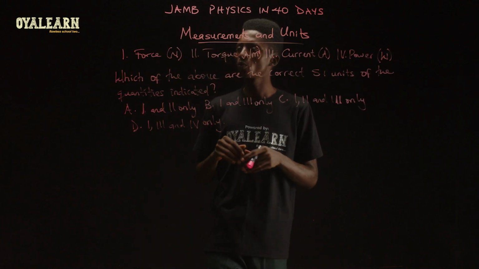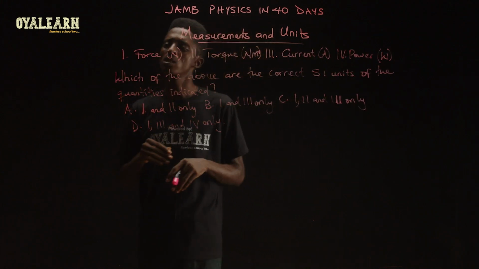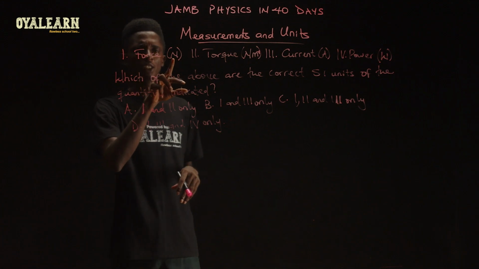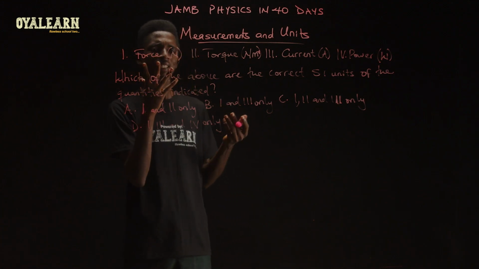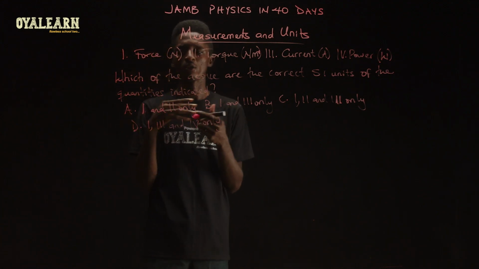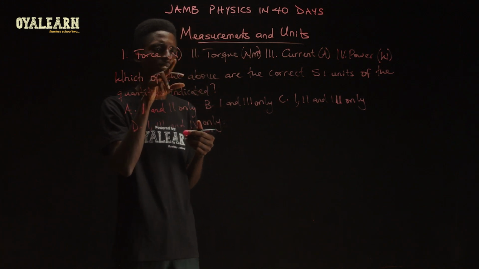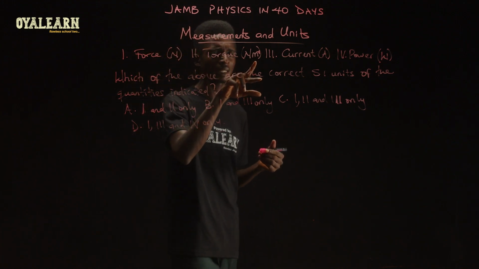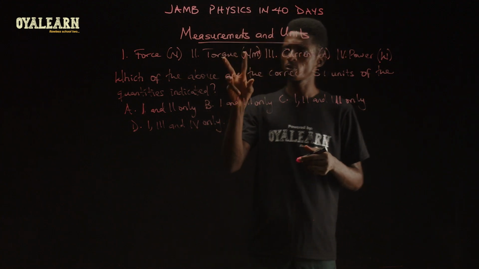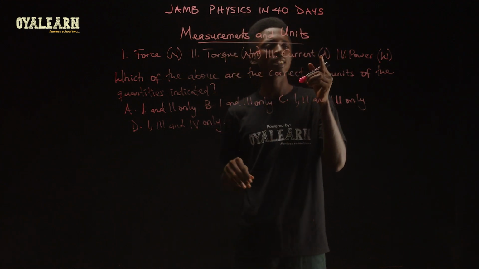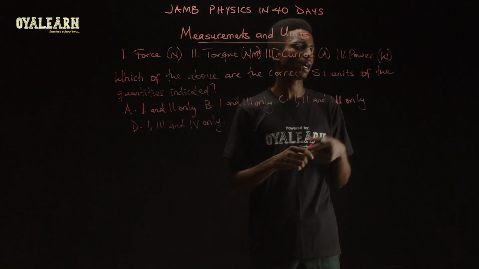Now in this question, we see that we're given four statements. We have force and then Newton in bracket. So our guess here is that perhaps they're putting their unit in front of them. So force measured in Newton, torque in Newton per meter, that is incorrect. Torque is supposed to be in Newton meter. Then current in amperes, and then power in watt.